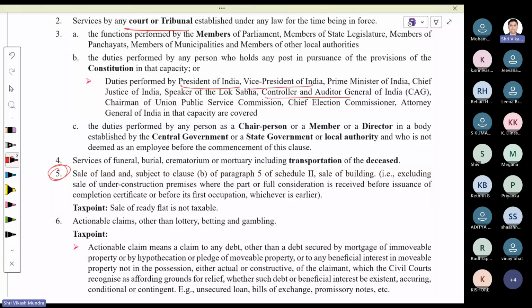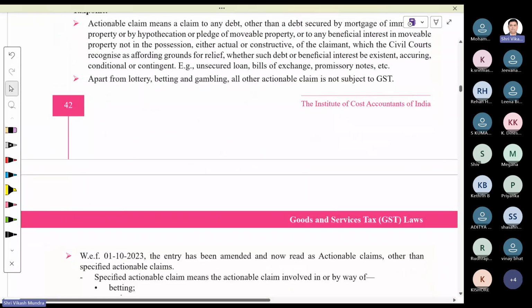It is immovable. To become goods, that asset should be movable. Since it is immovable, it is not considered a supply of goods, nor a supply of services.